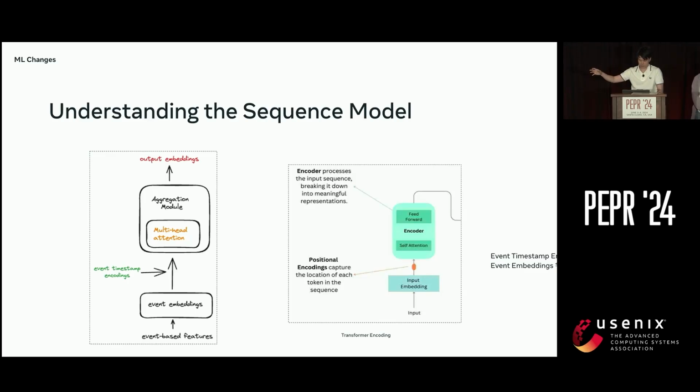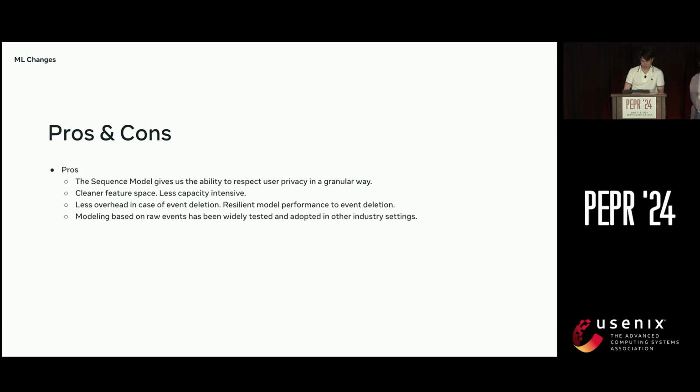The timestamp encoding on the left can be thought of as the positional encoding in the picture on the right. The positional encoding in the transformer model is meant to provide an order in which the words appear, and the event timestamp encoding also is meant to provide an order in which events appear. So event 1 appears before event 2, before event 3, and so on and so forth.